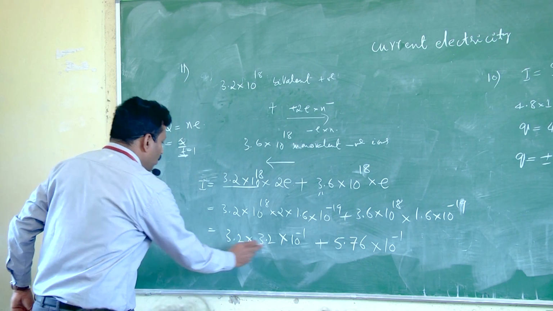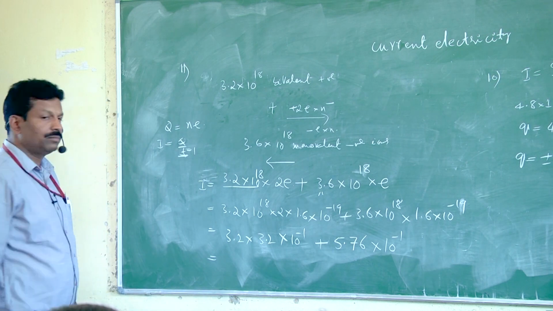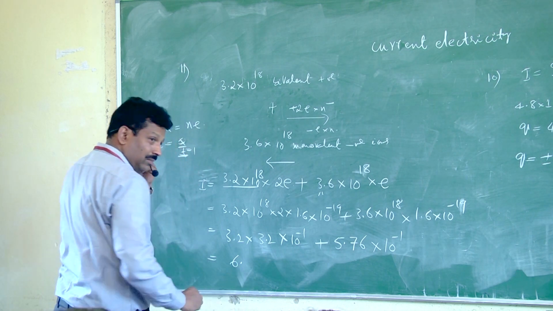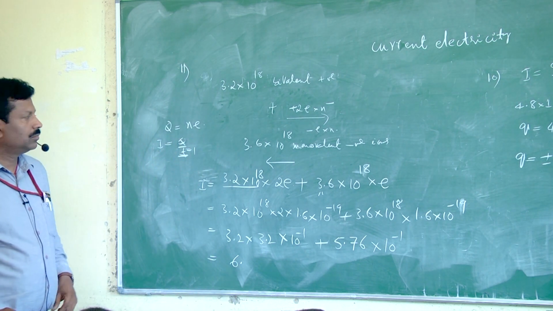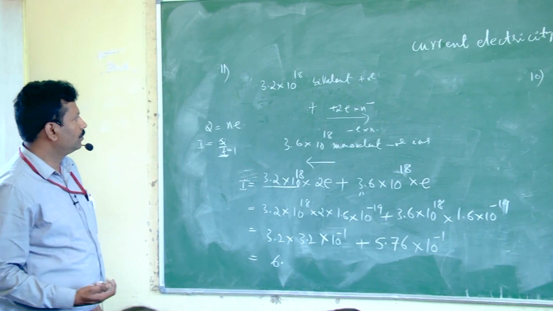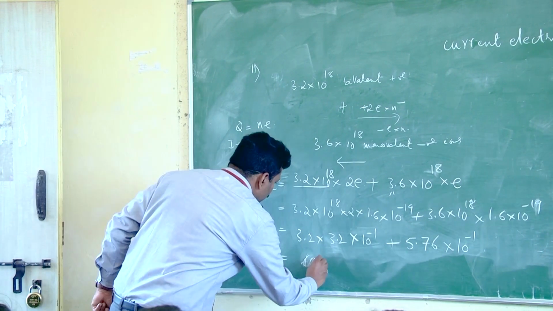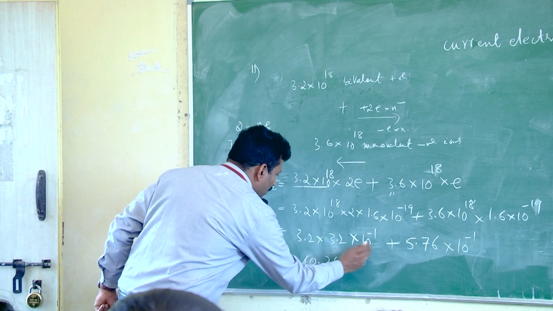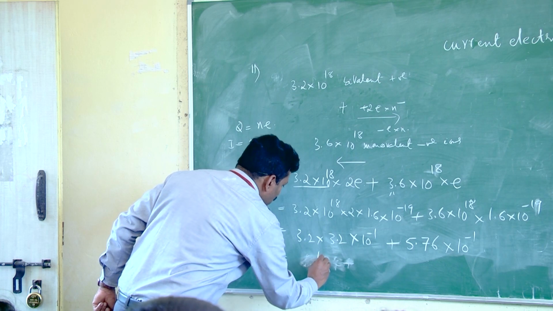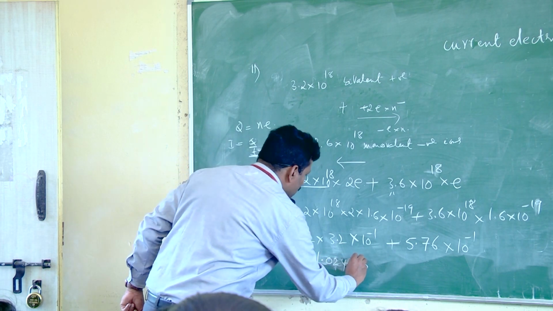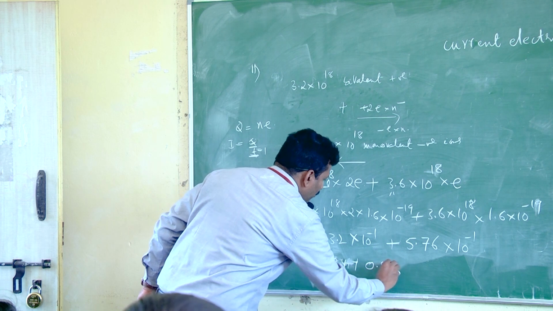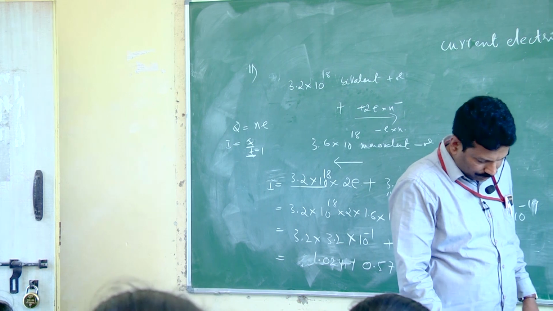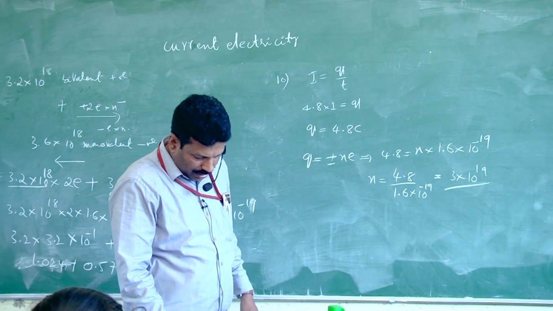So 3.2 into 3.2 is how much? 10.24, which we can write as 1.024 since we have minus 1, plus this one, 0.576, therefore it is 1.6, roughly.